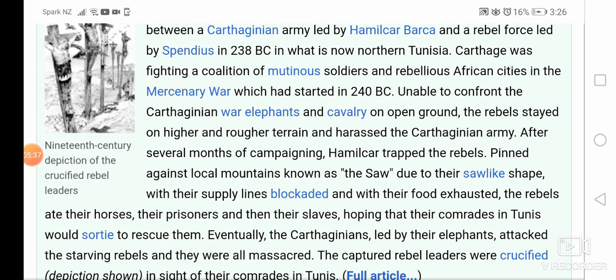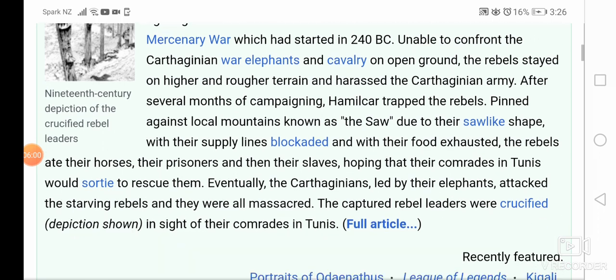After several months of campaigning, Hamilcar trapped the rebels, pinned against local mountains known as the Saw due to their saw-like shape. With their supply lines blockaded and their food exhausted, the rebels ate their horses, their prisoners and their slaves, hoping that their comrades in Tunis would sortie to rescue them.